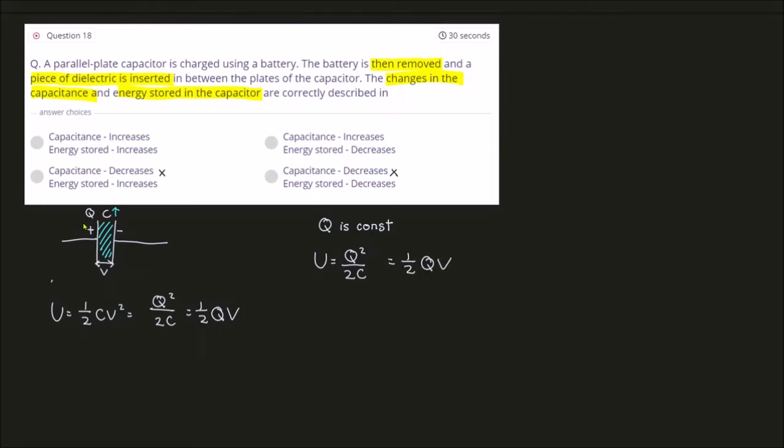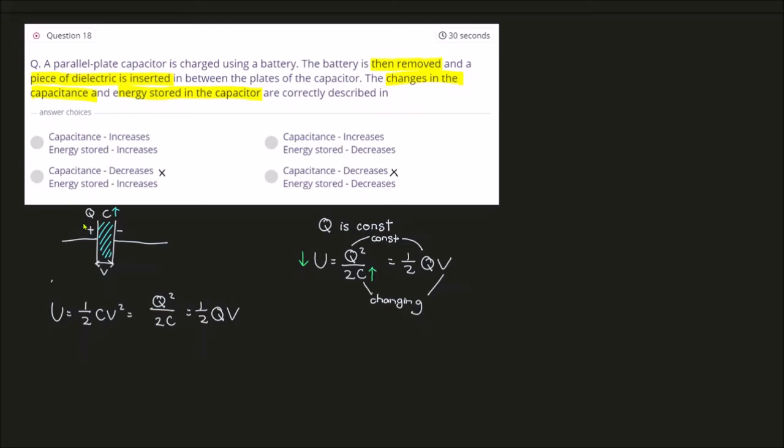Why these two equations are more recommended compared to CV squared is, if you have one thing constant, in this case the Q is constant already, it's easier to track the change of U because there's only one thing that is changing, which is either the C or the V. In this case, I think it's pretty obvious. We know that the capacitance increases, so that will cause the energy to decrease. So this is the relationship between the capacitance and the energy stored.